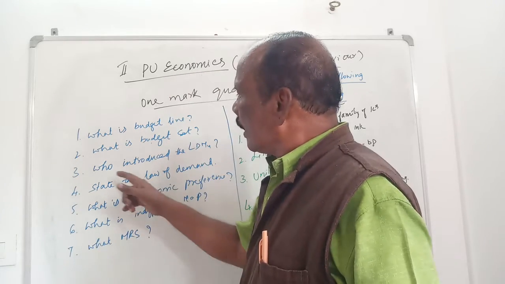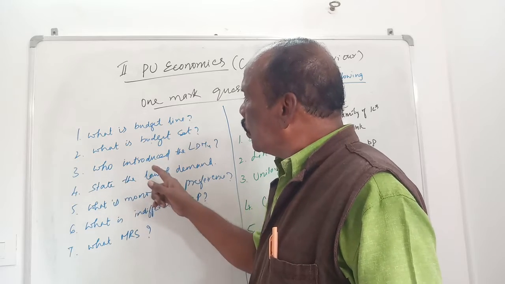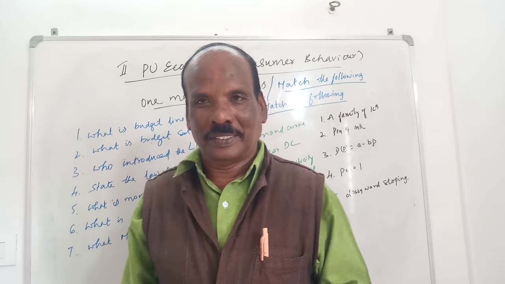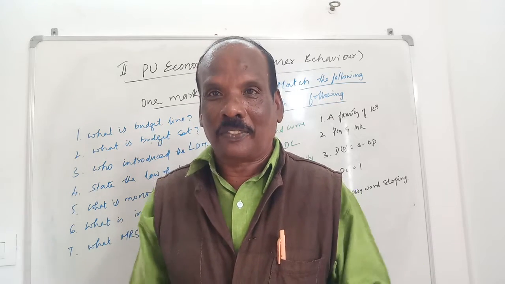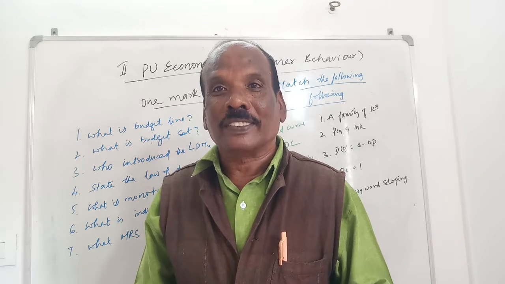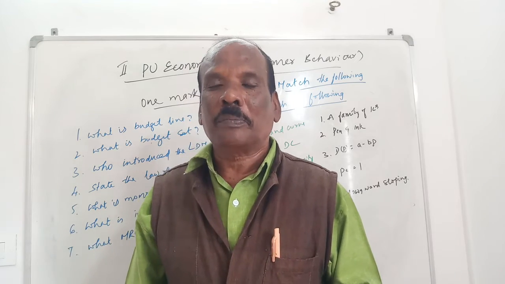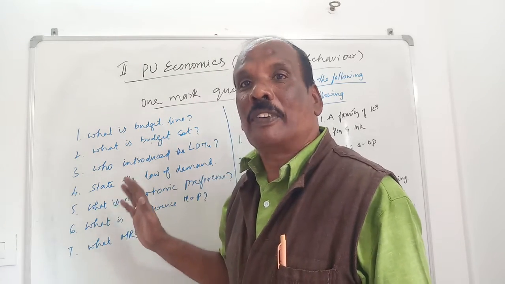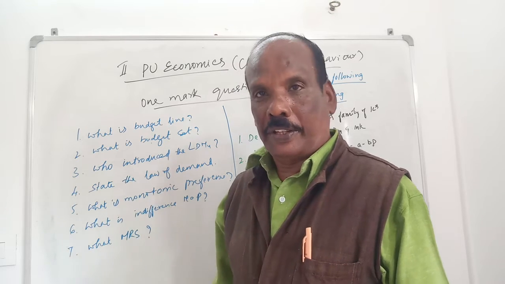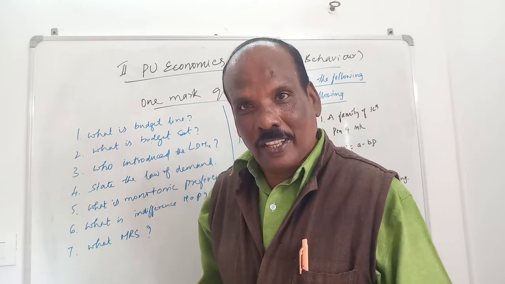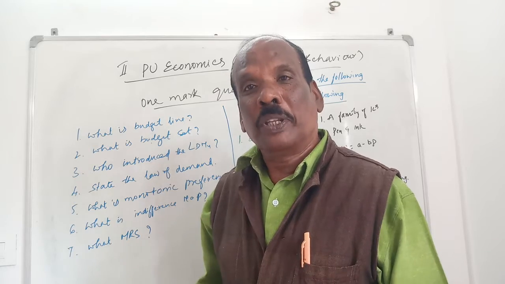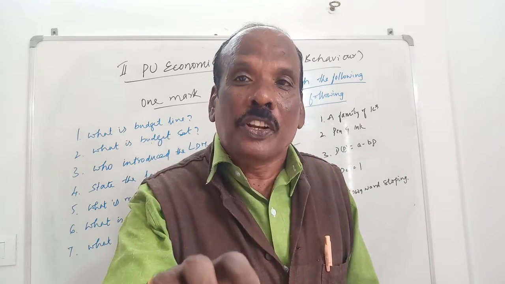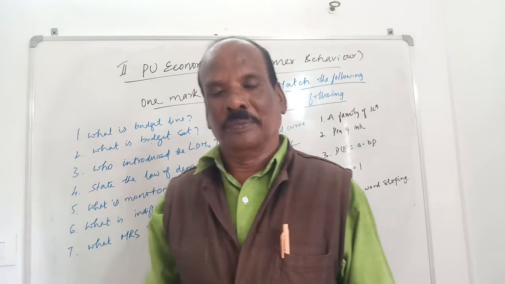Okay, coming to the third question, who introduced the law of diminishing marginal utility? Gossen's first law, we call it. It is a German economist by name H.H. Gossen who introduced this law of diminishing marginal utility, which says as a consumer goes on consuming more and more units of a commodity, the marginal utility diminishes.